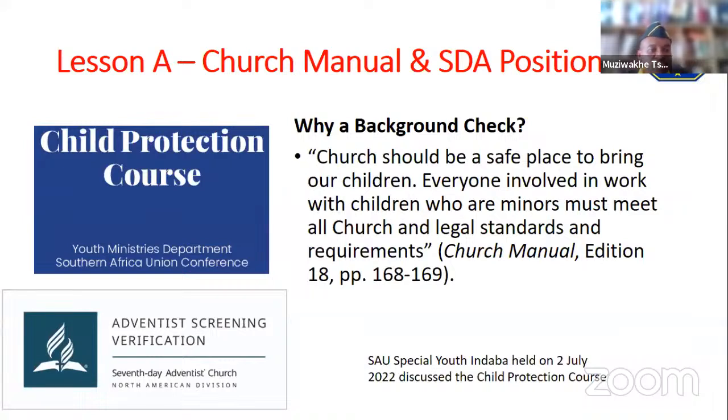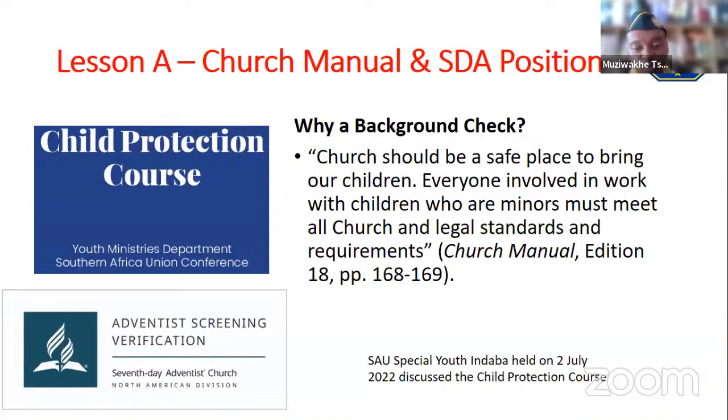Now, on these 2 images that I have, there's a child protection course that is sanctioned by the Southern Africa Union Conference.